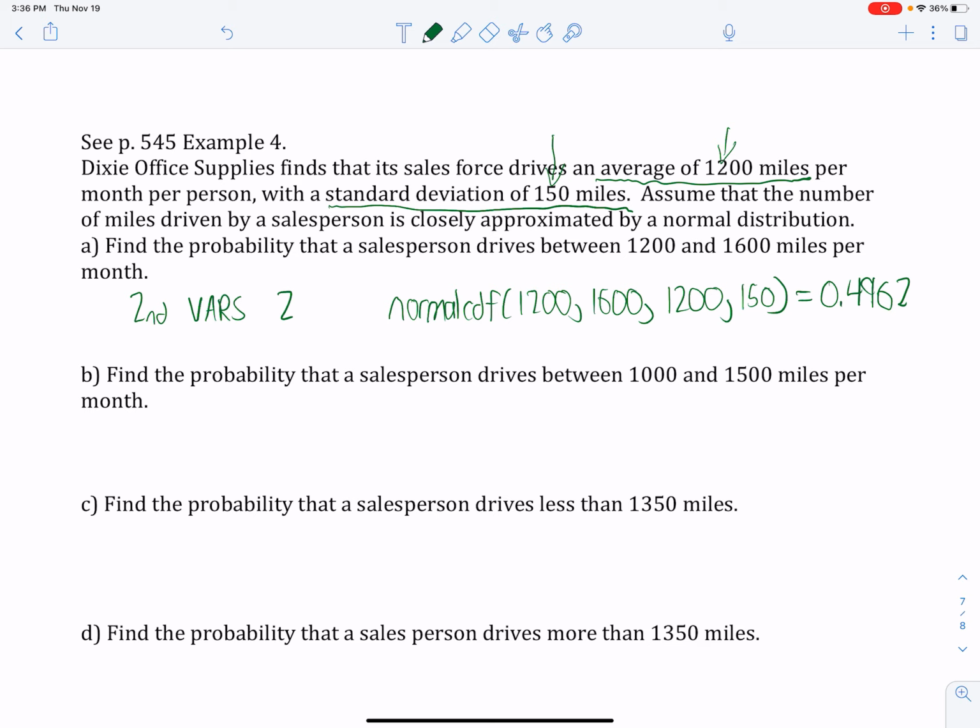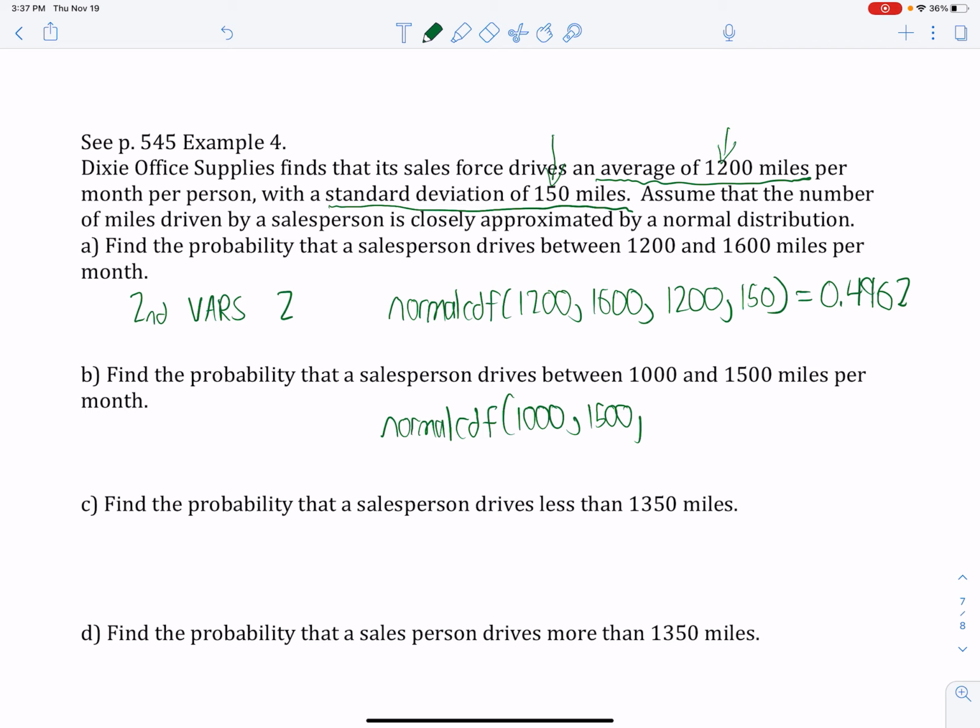Suppose we have the same thing, but it says, find the probability that a salesperson drives between 1,000 and 1,500 miles per month. So we're going to go to that Normalcdf function again. This time our lower value is 1,000. Our upper value is 1,500.